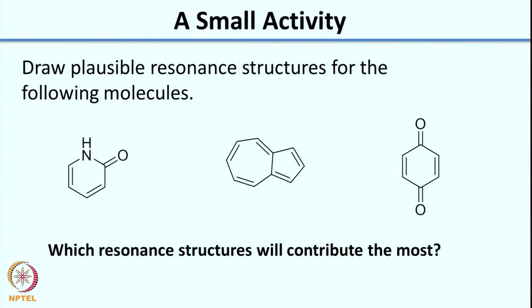So before we stop this lecture, I would like you to do this as a mini homework where you try to draw plausible resonance structures for the 3 molecules that you see on the screen. And what you should figure out is which resonance structure will contribute more for each of these molecules.